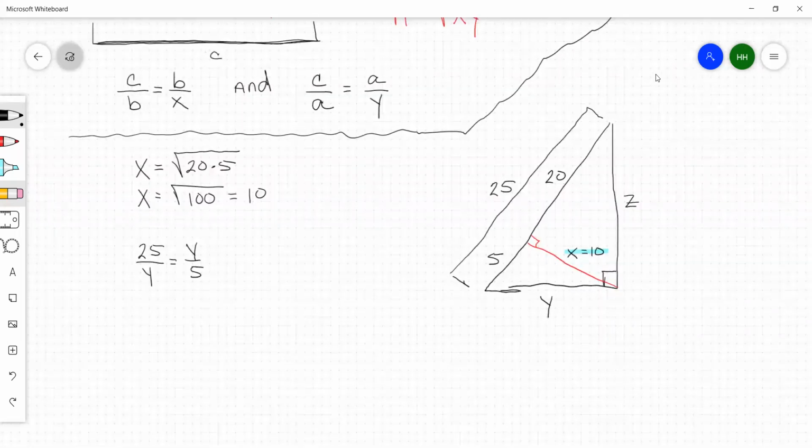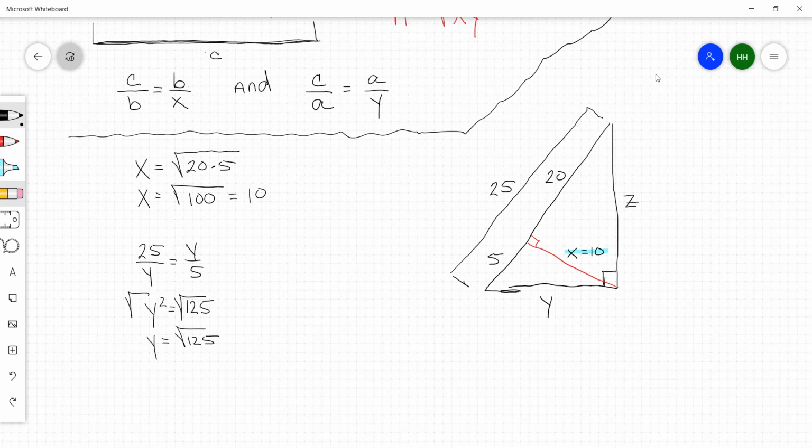So if 25 over y equals y over 5, we can crisscross multiply, so y squared equals 125. If we square root each side, then y equals the square root of 125. And 125 has a perfect square as a factor.